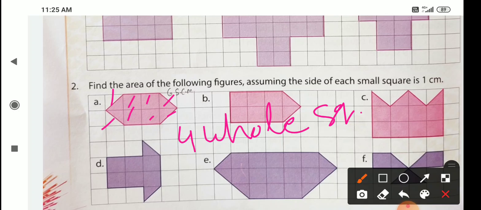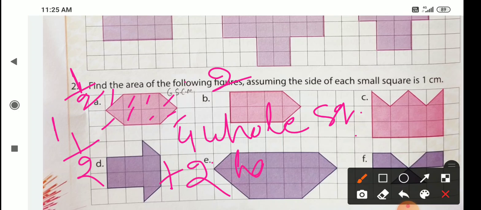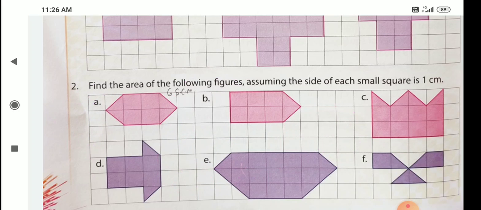Half and half means 1, and this side also half and half means 1. So total 2. So 4 whole squares plus 2 is 6 square centimeter. So like this, children, you count how many are whole squares and how many are half squares.